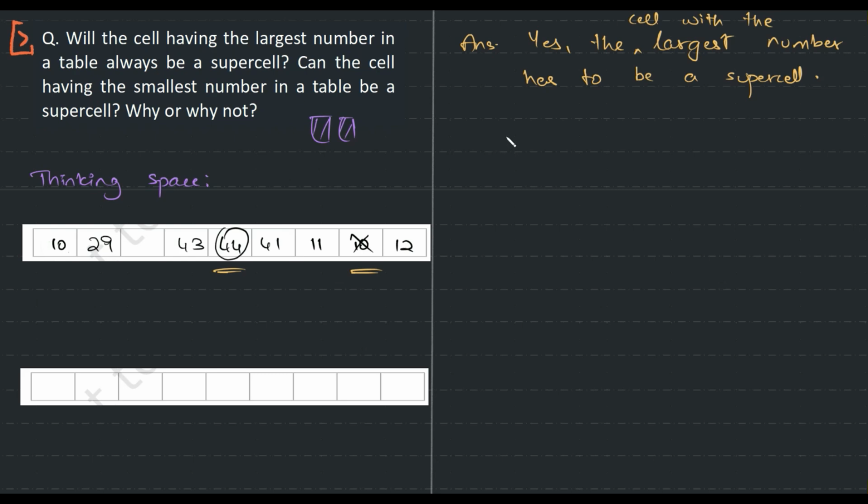Can the cell having the smallest number in a table be a supercell? No. The cell with the smallest number cannot be a supercell.